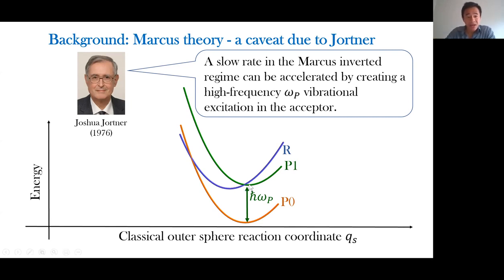In other words, at the expense of dumping one quanta of excitation into the high frequency mode, you can catalyze the reaction and go here, and then there's very fast decay from here to here, right?